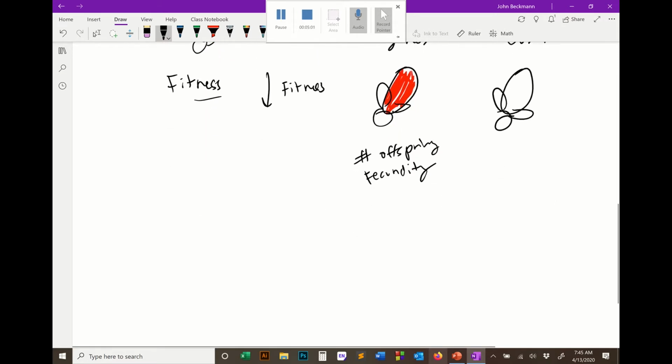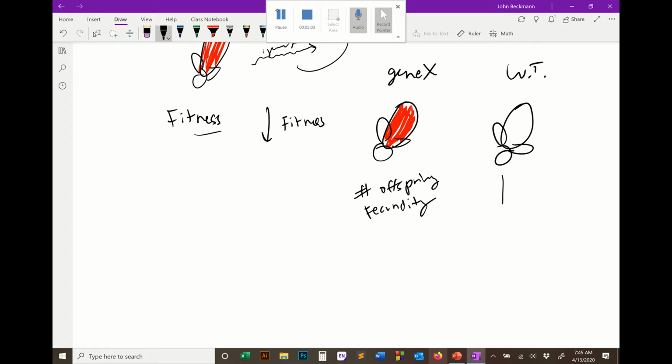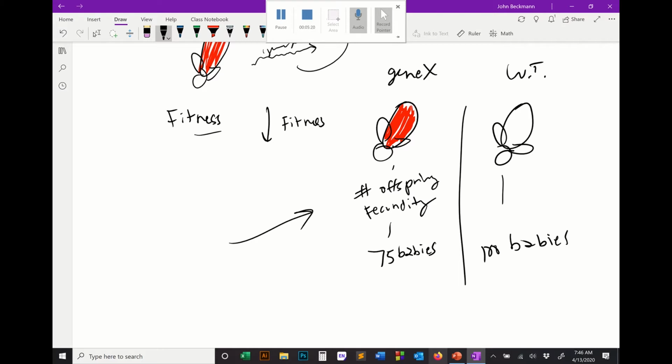And let's say wild type fly has 100 babies on average, and the gene X transgenic insect has 75 babies. This one is going to be significantly less fit because it has 25 fewer babies.